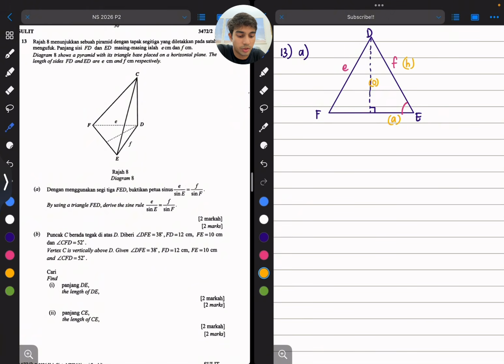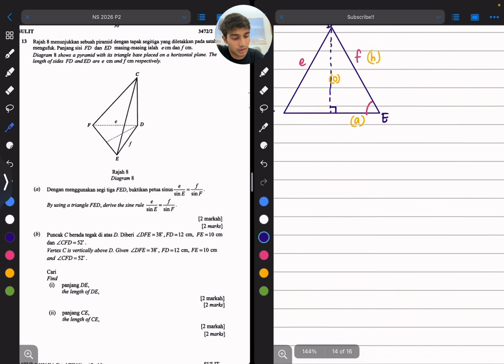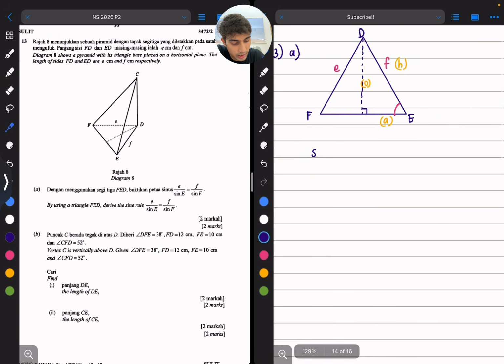So to solve the sine rule, we need to use opposite and hypotenuse. So we say sine theta is O over H. So sine of E will be opposite, which is this one. Let's just call this X. So sine E is X over hypotenuse F.